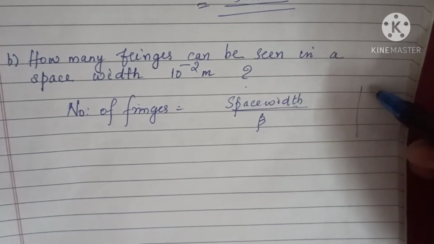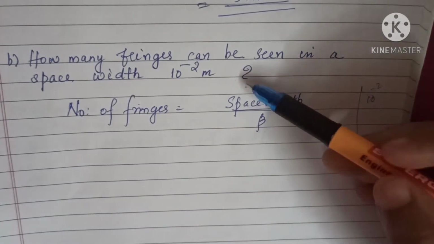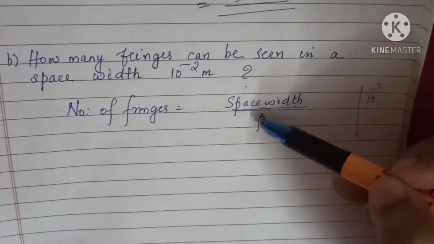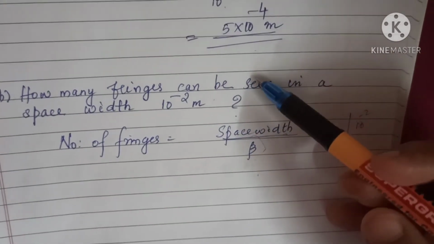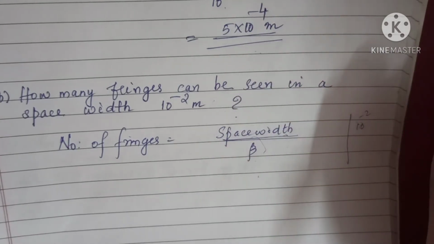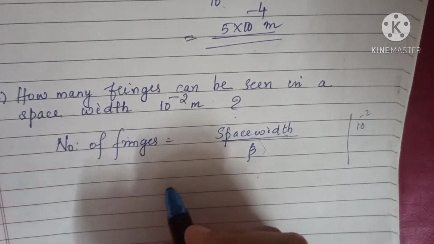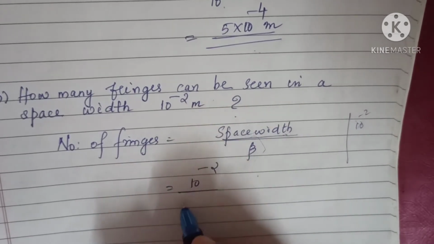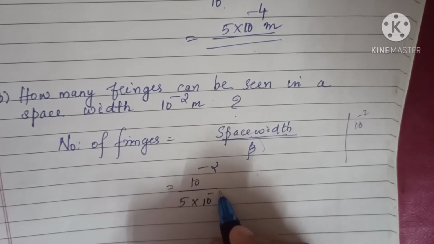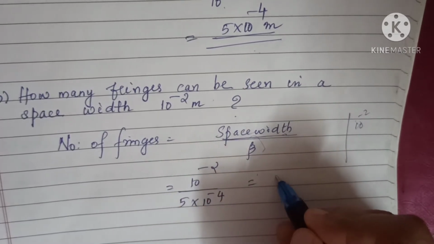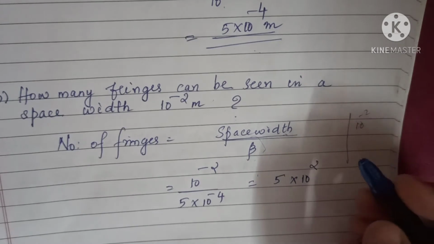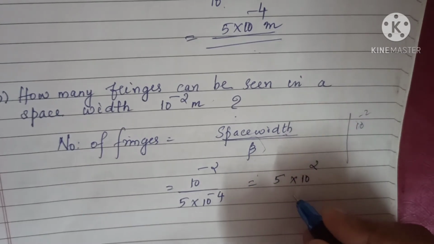That much space is covered. 10 power minus 2 meter is covered by this many fringes having a fringe width of 5 into 10 power minus 4 meter. That is the meaning, isn't it? So you can find the number of fringes like this. That is 10 power minus 2 divided by beta, 5 into 10 power minus 4. That is 5 into 10 squared. Clear?